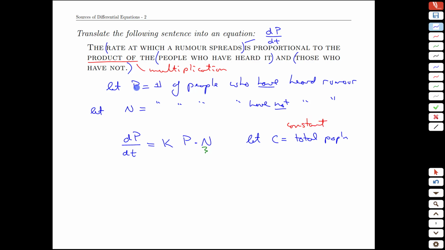If we imagine people have either heard the rumor or not heard it at all, the people who have not heard it is the total population minus the ones who have. That lets us turn our differential equation, in particular the N term, into something that only involves constants and P itself. We're going to return to this differential equation several times in the course, so we want to spend some time explaining the rationale behind it for this particular scenario.